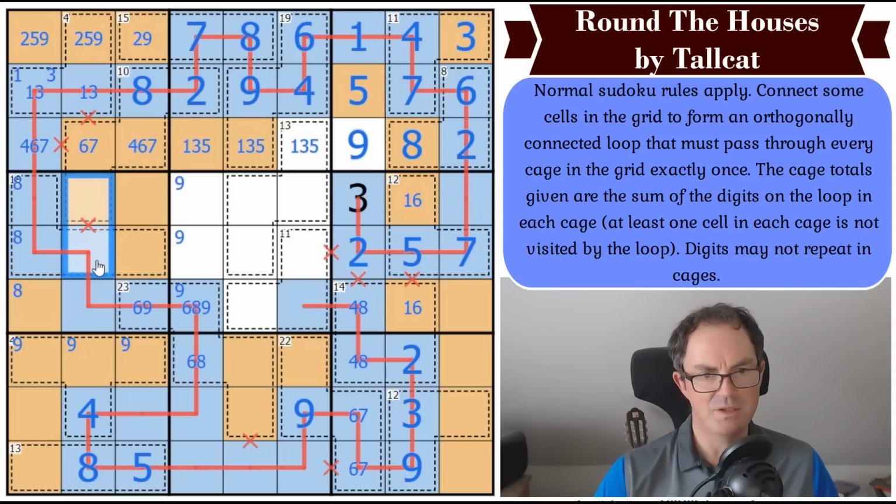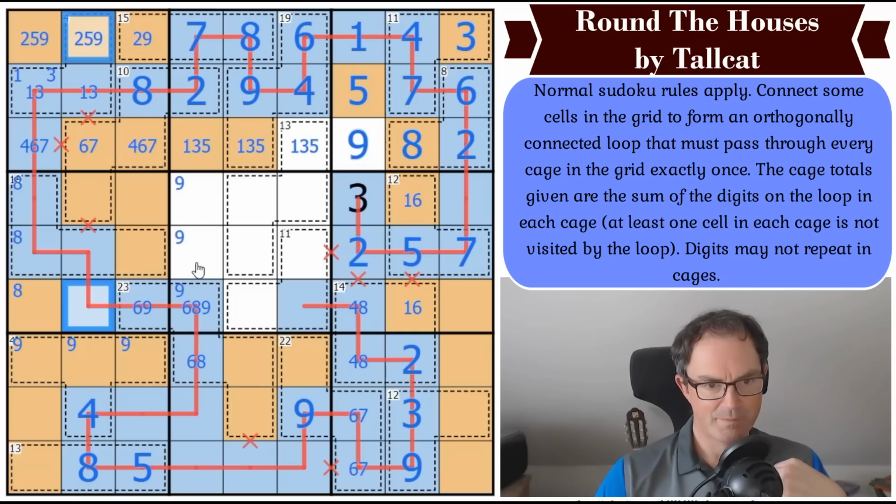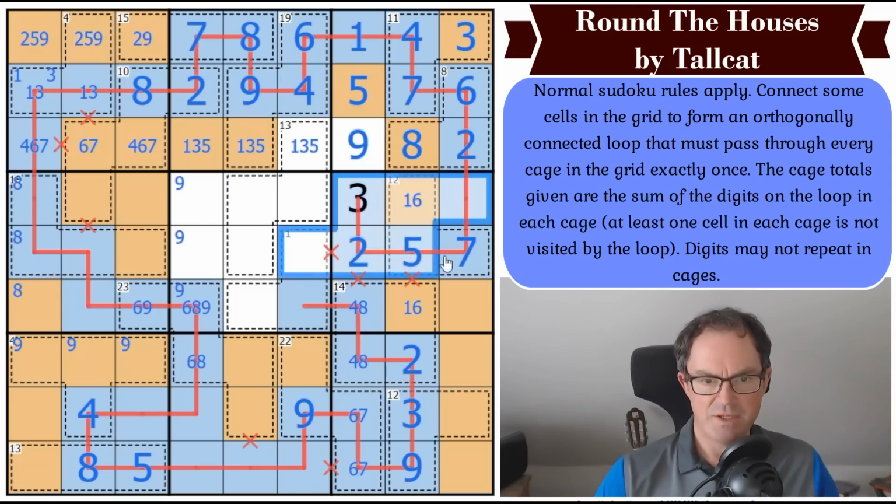Yeah, that can't be 2. Oh, look at that. 2 in this column is really nearly restricted. It could be here, I think. But it could be here. So it's got only 2 places left. I don't know. Okay, let's come back to this box then.